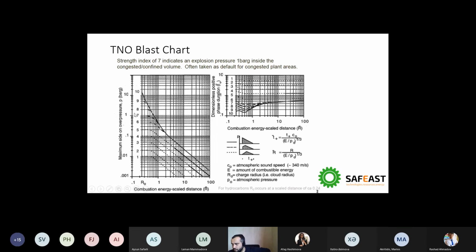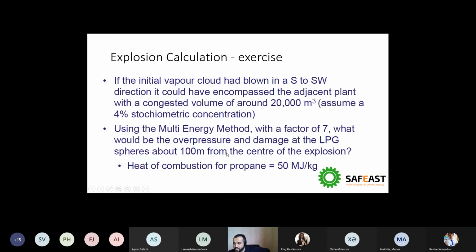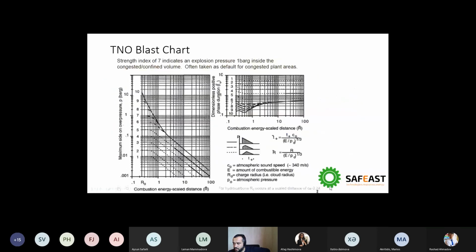So basically what you do is a combustion energy scaled distance calculation. This is an example. Let's say you are interested in the explosion power and the effect at 100 meters from the source. You calculate the combustion energy scaled distance, and based on this distance you find your charge radius.